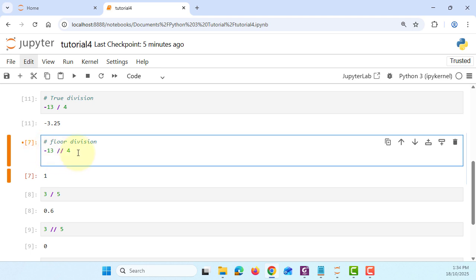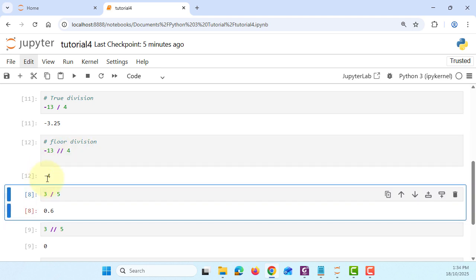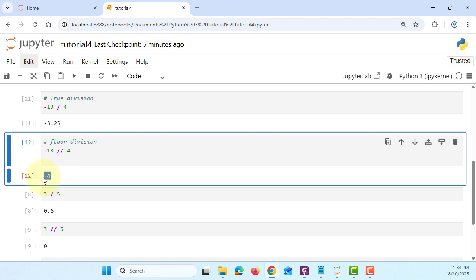What will be the answer? It's minus 4. It cannot be minus 3, because minus 3.25, minus 3 is here, minus 4 is here, isn't it? So it will be the nearest integer value, but not the greatest one. That's why it should be minus 4, because minus 4 is here, minus 3.25, and then minus 3 is here.